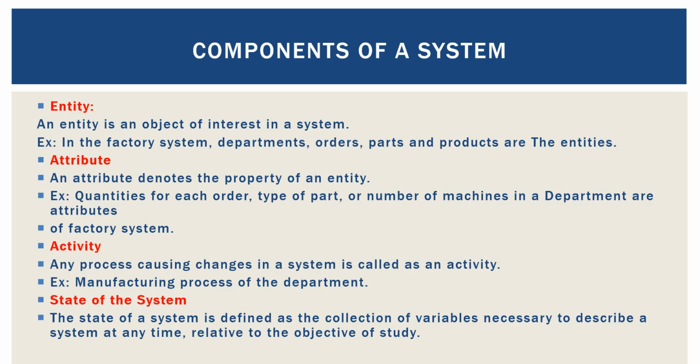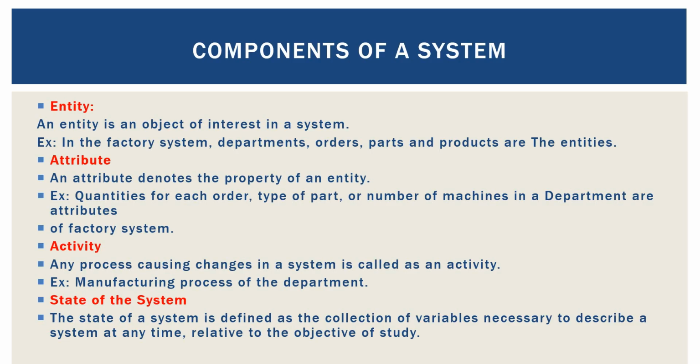Then, referring to the bank as a system, the arrival of a customer causes changes in the system, or the departure of the customer from the bank causes changes in the system, and we call that what? An activity. Or still referring to the bank as a system, when the process of withdrawal is complete, it causes changes in the banking system. Then it becomes an activity.